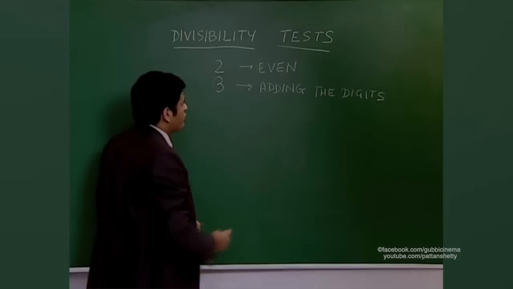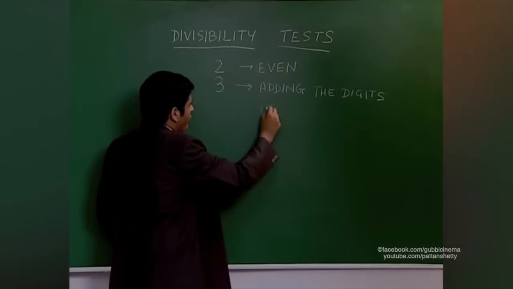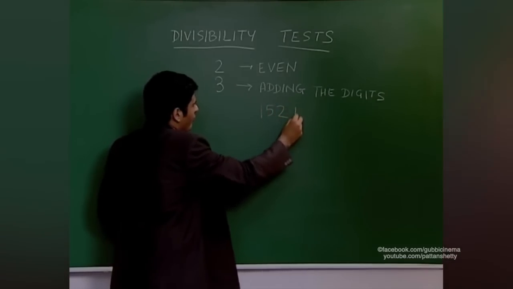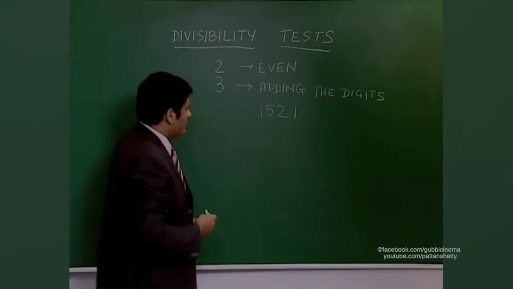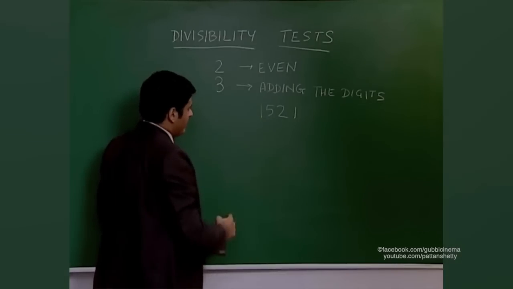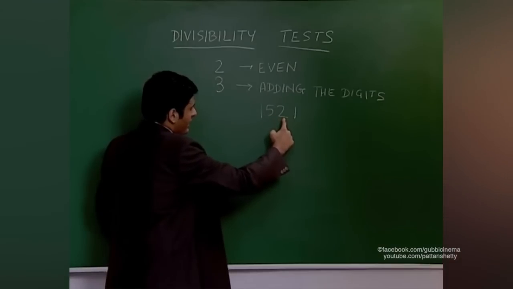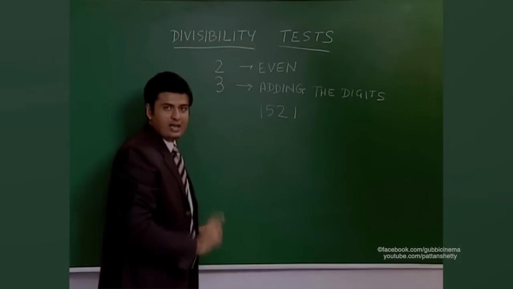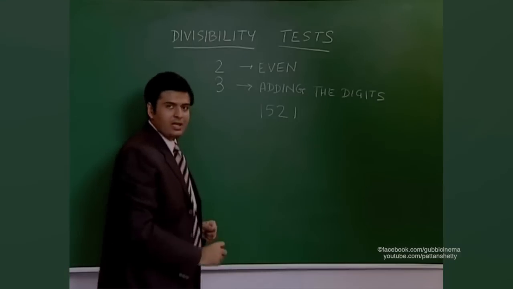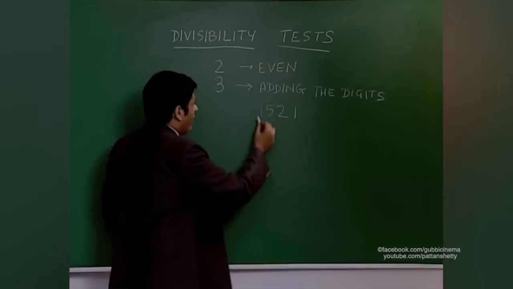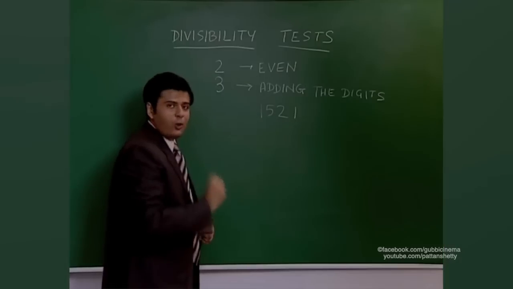So let us check if 1521 is divisible by 3 or not. I will add all the digits. 1 plus 5 is 6, 6 plus 2 is 8, 8 and 1 is 9. I know 9 is divisible by 3, that means I can presume 1521 is also divisible by 3.